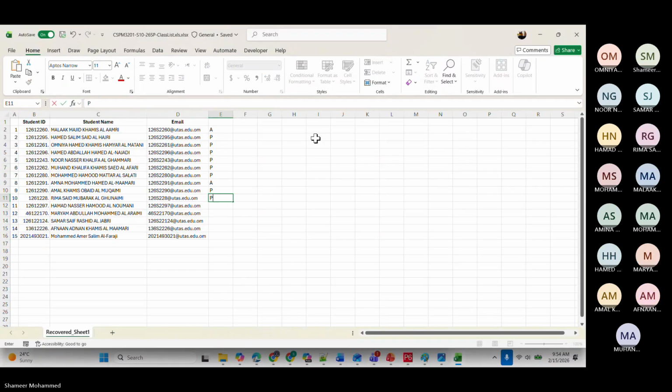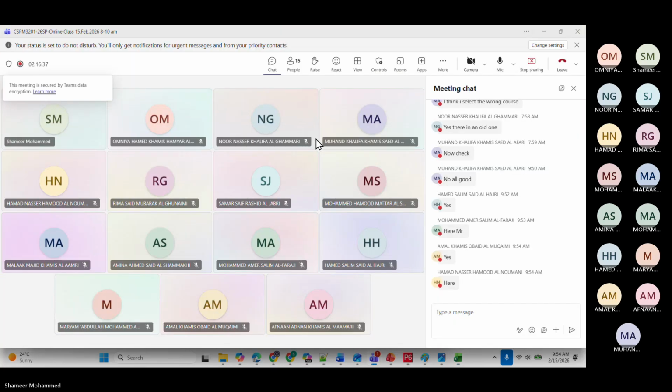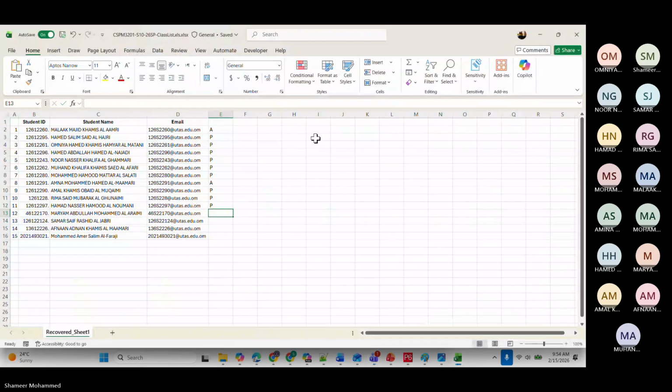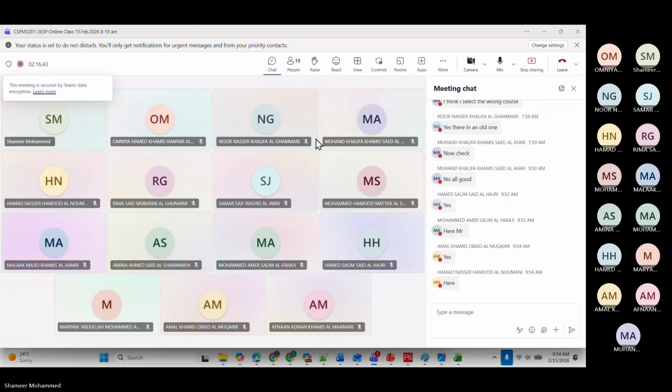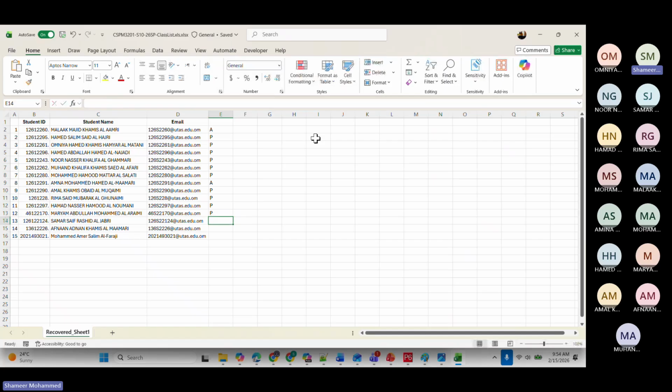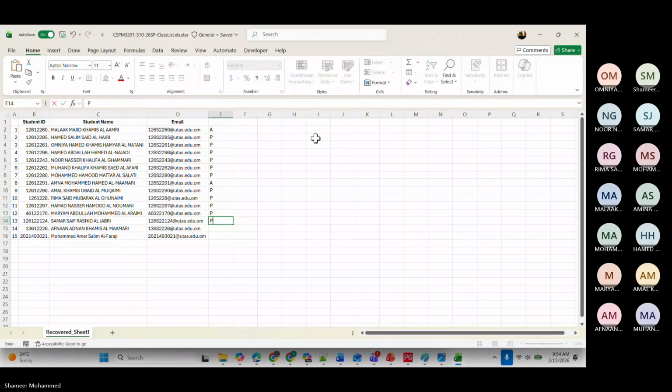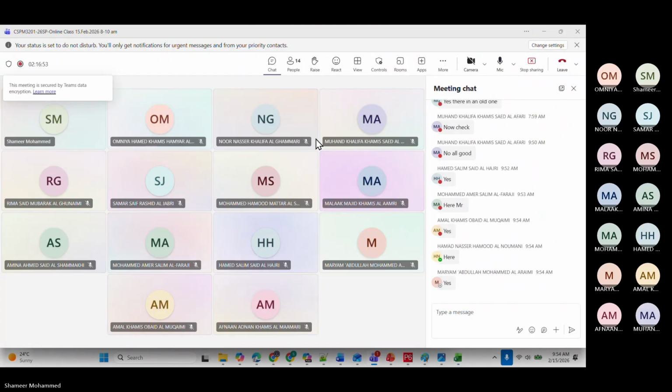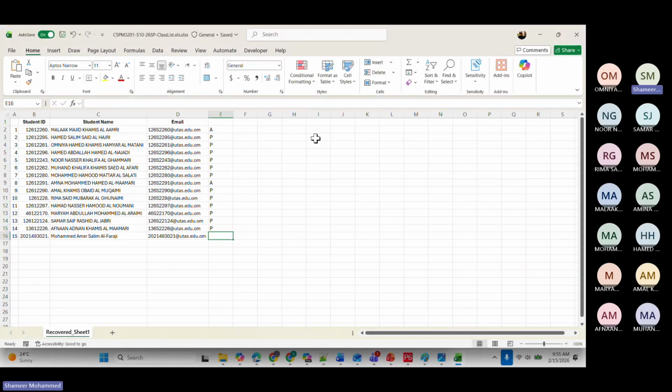Hamad Nasir. Mariam Al-Araimi. Samar. Afnan. Yes. Muhammad Amir Al-Khadri. Faraji. Okay. So all are present, only Malak is absent and Amna is absent.